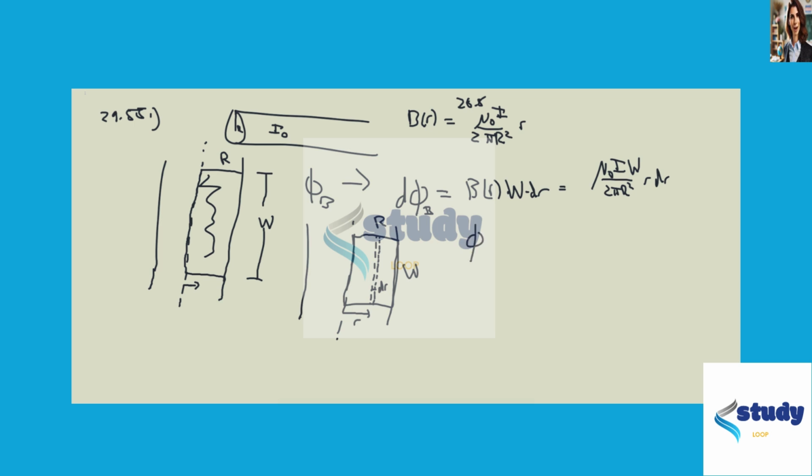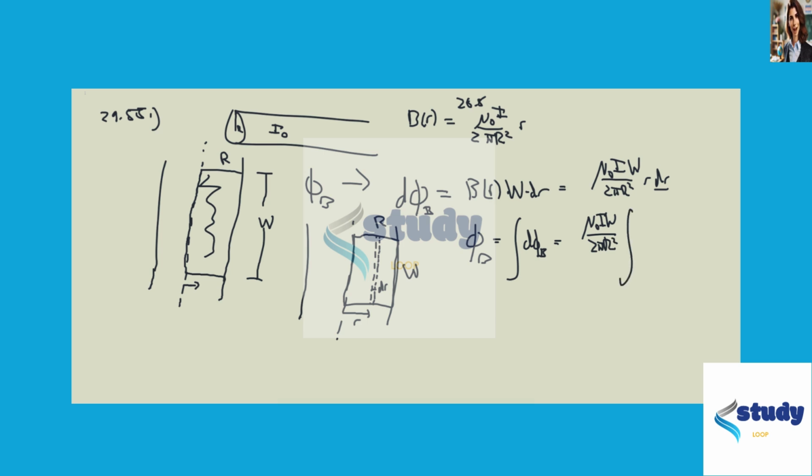So if we want to find the total magnetic flux through this rectangle, all we have to do is integrate with the correct bounds. Okay, and we know we're going to be integrating with respect to R, so let's just go ahead and plug this in, and we pull our constants out first.